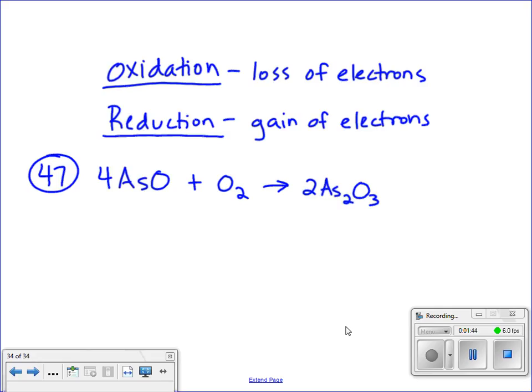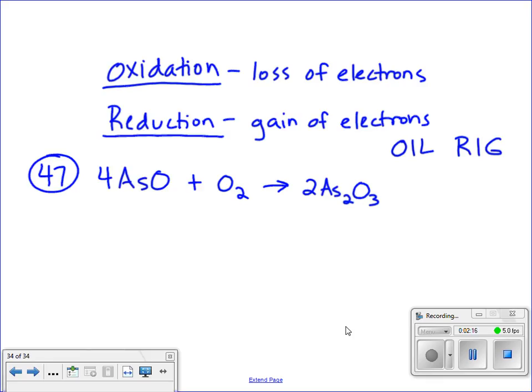It asks which element is oxidized, which one is reduced, what is the oxidizing agent, and what is the reducing agent. A way to remember is OIL RIG: oxidation is losing, and we're talking about electrons, and reduction is gaining. That can help you out when you're trying to figure these things out.